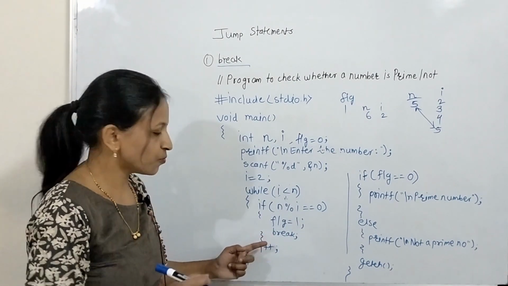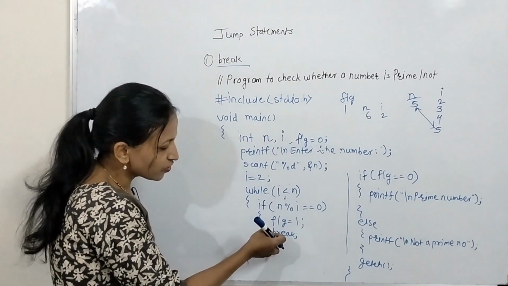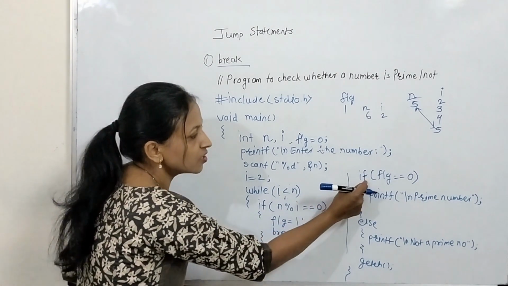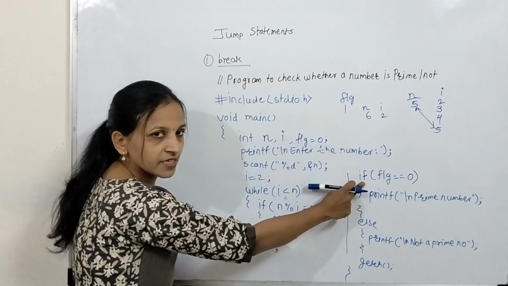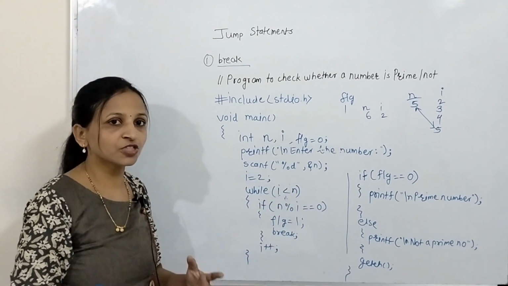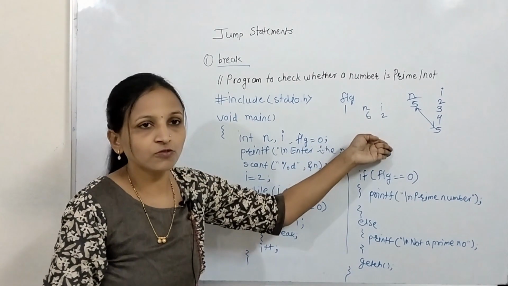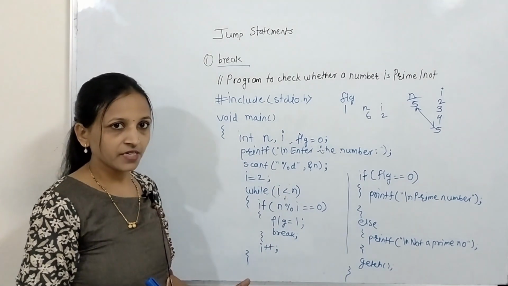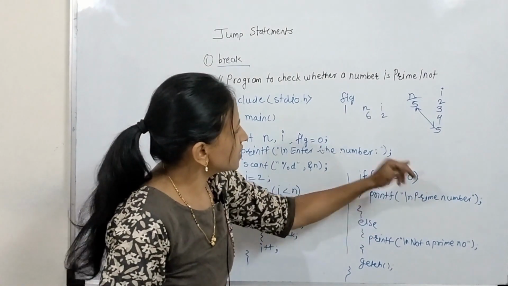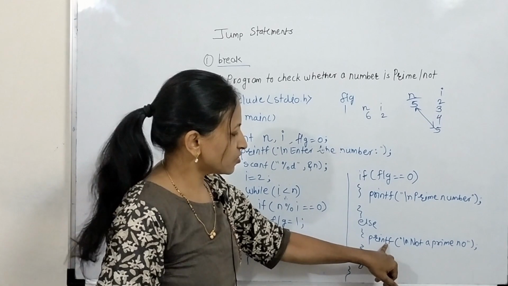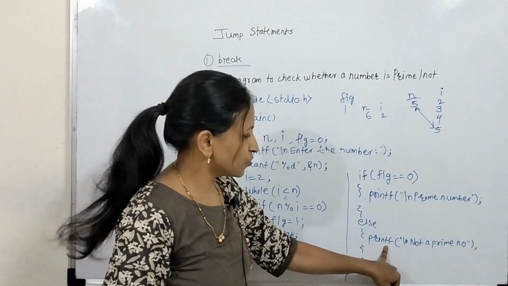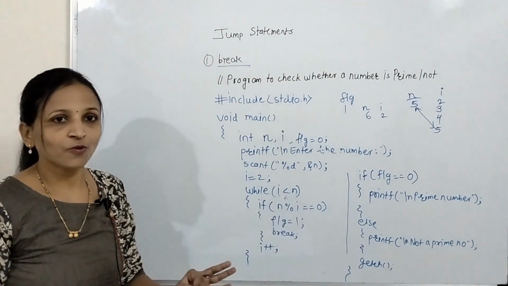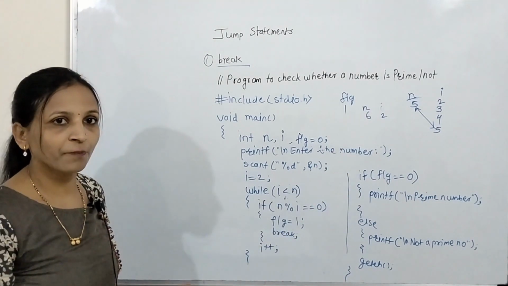At this point, control will come directly out of the loop instantly, because there is no need to check further values of I, whether the number is divisible by I or not. Getting here, flag is equal to 0? No, it is false. That's why the else part will get executed and we will get output as not a prime number. In this way the program is working properly.